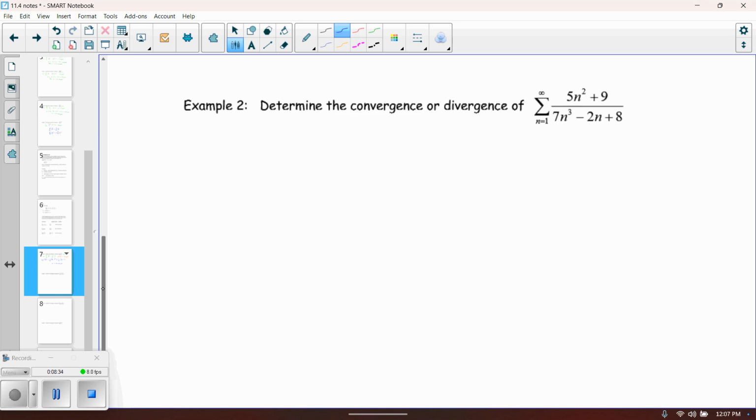So we are going to say that this is our a sub n. We'll call b sub n 1 over n, since n squared over n cubed reduces to 1 over n, with n going from 1 to infinity. And we know that this is the harmonic series, or basically a p series where p is 1, and therefore divergent.